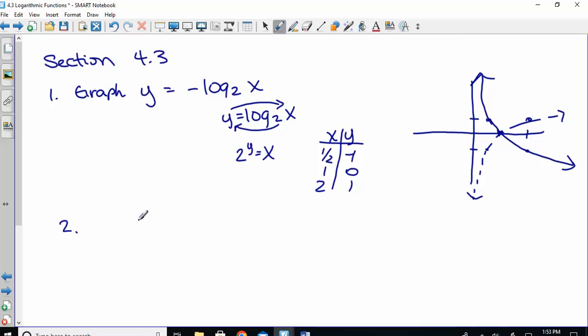So if I said, we really struggled with one the other day that had a fraction, I believe. So let's say log base x of 243 over 32 equals 5.